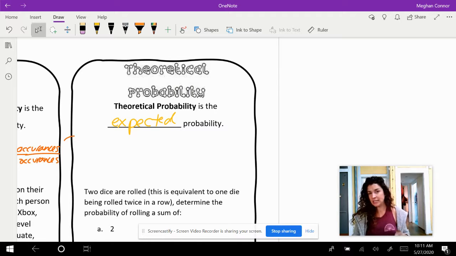Now, will everything turn out to be a 50-50 chance when you're talking about those theoretical probabilities? When you're flipping a coin, will it be exactly 50% every single time? No, but there is an equally likely probability. So it's what you expect the probability to be.